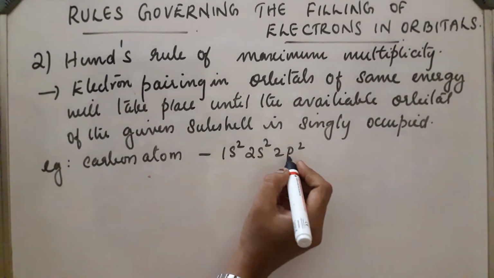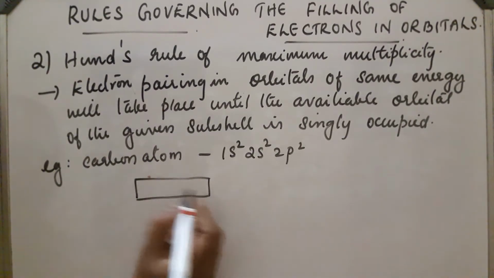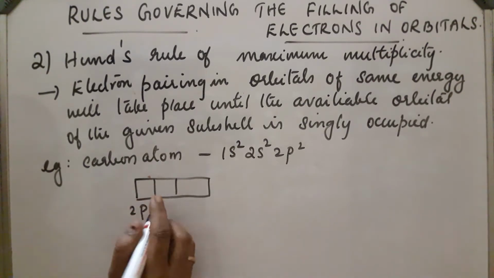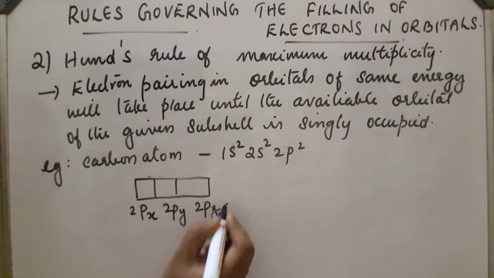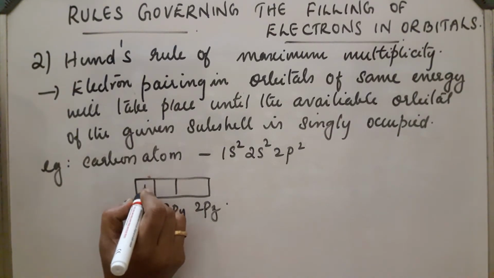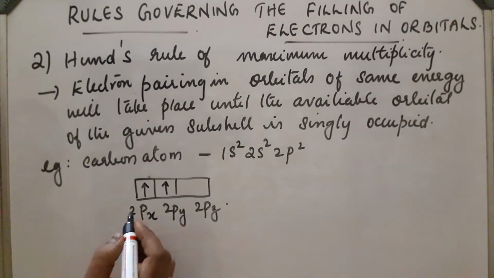So take the p subshell: 2px, 2py, 2pz, the degenerate orbitals of the p subshell. This contains 2 electrons. What will happen? First it is singly occupied. Then only the pairing starts. Like this the electrons are occupied in the subshells.